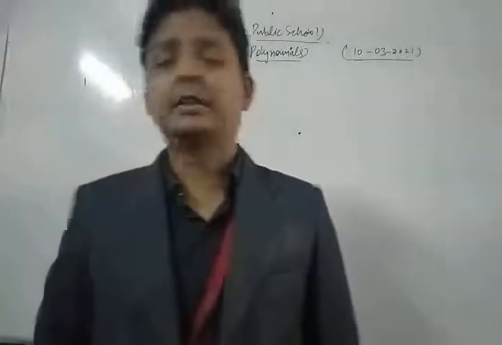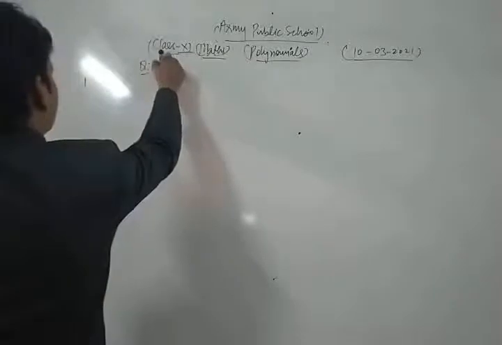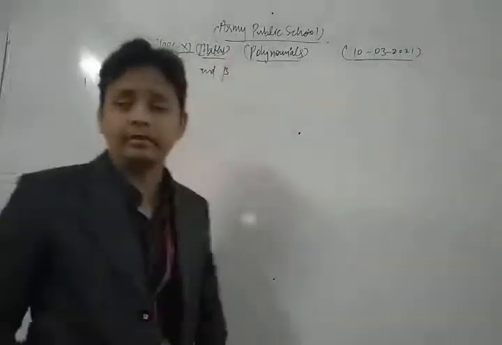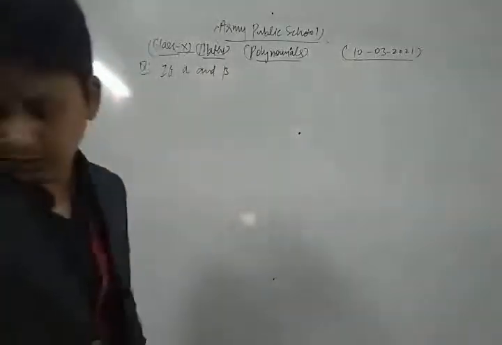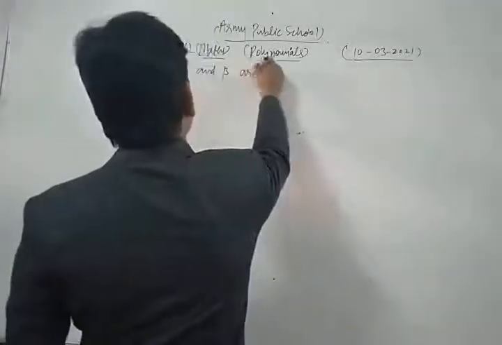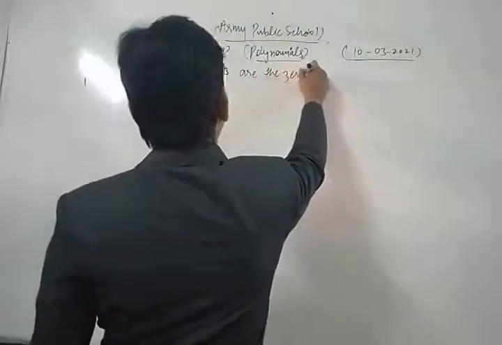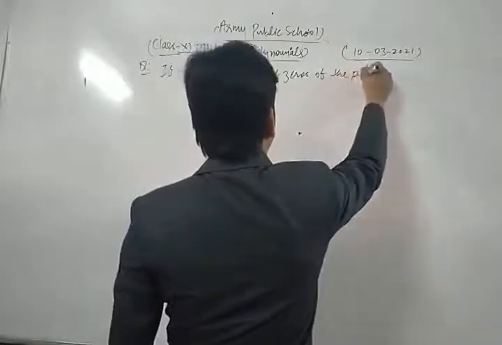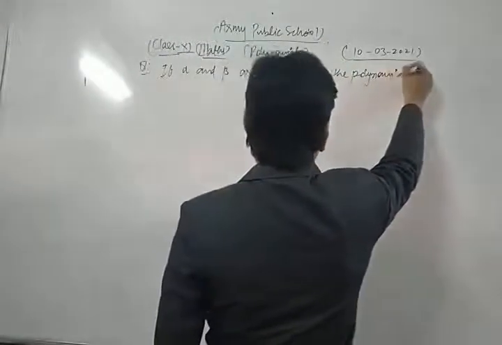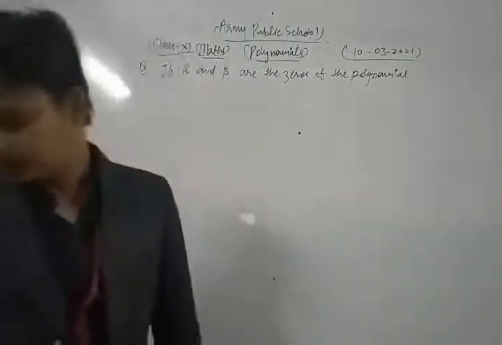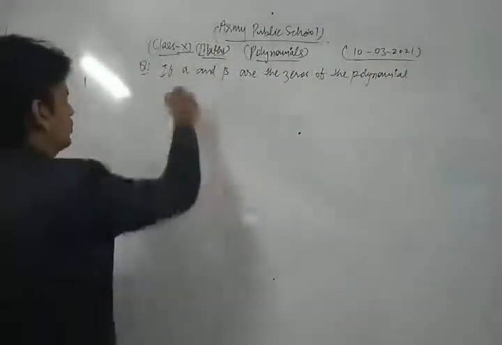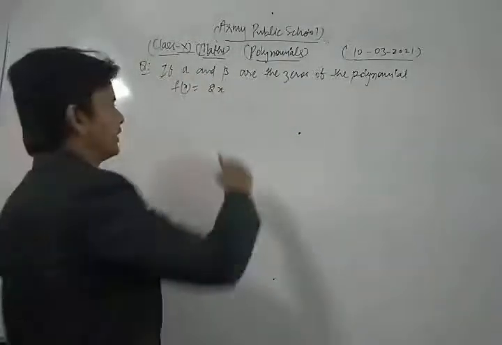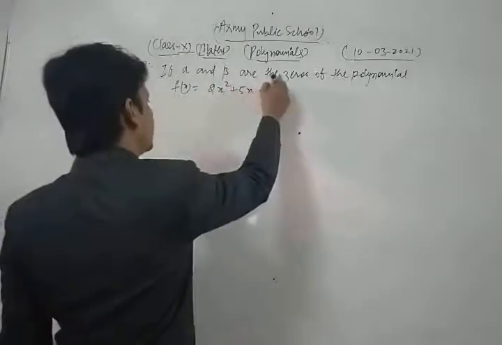if alpha and beta are the zeros of the polynomial f of x equal to 2x square plus 5x plus k.